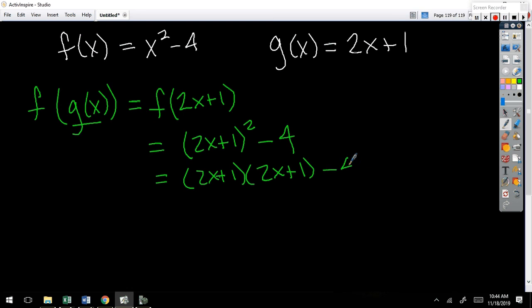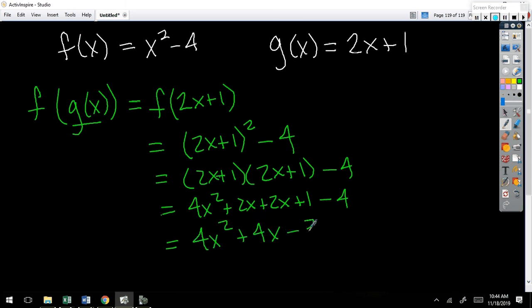I have to FOIL this out. So I get 4x squared plus 2x plus 2x plus 1 minus 4, which cleaned up looks like this. Why does it become squared? 2x times 2x.